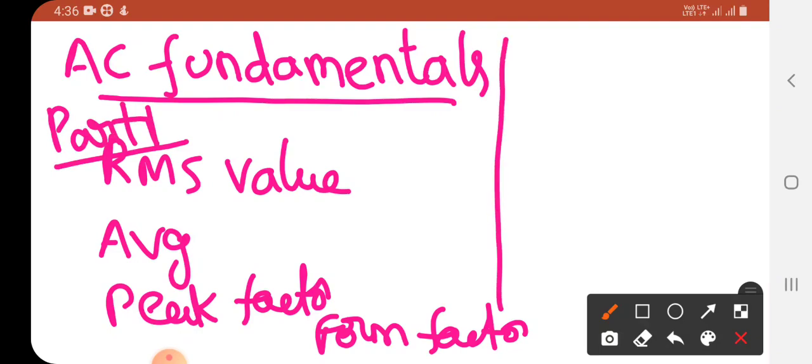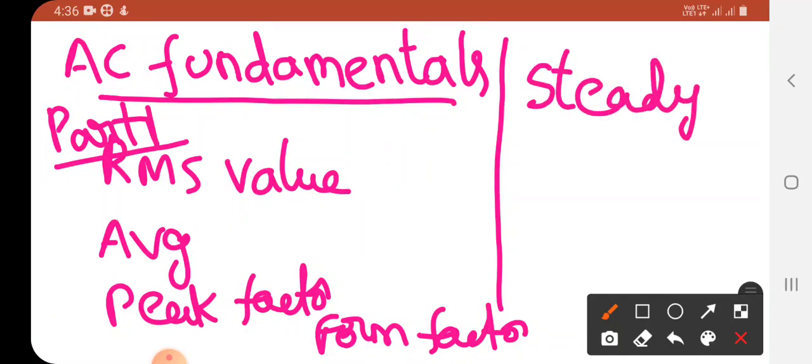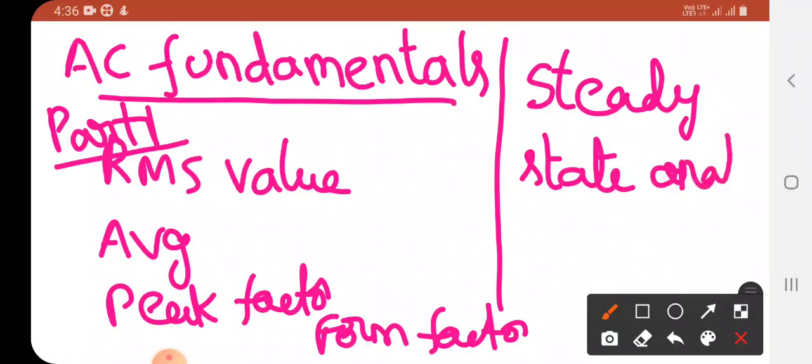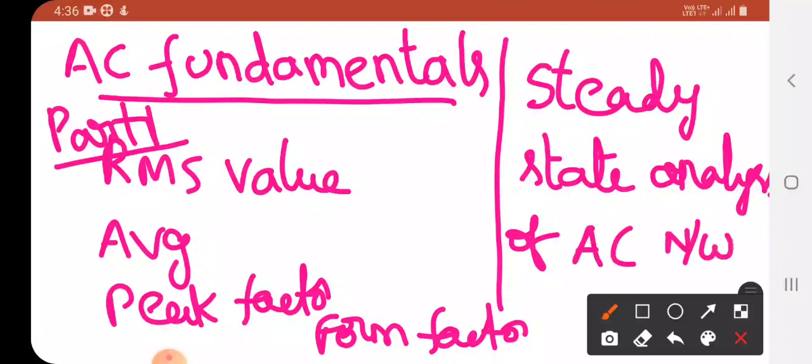Okay. In the second part, I will discuss how to find active power, reactive power, apparent power. Before going to the active power, reactive power, apparent power, first we can discuss what is steady state analysis of AC network with sinusoidal excitation.